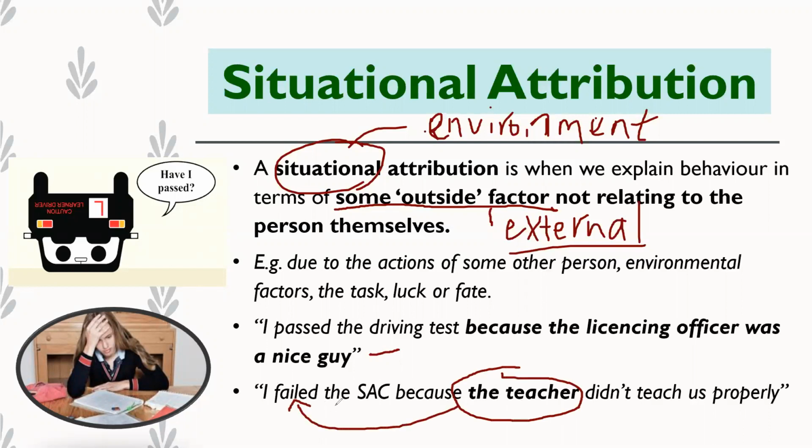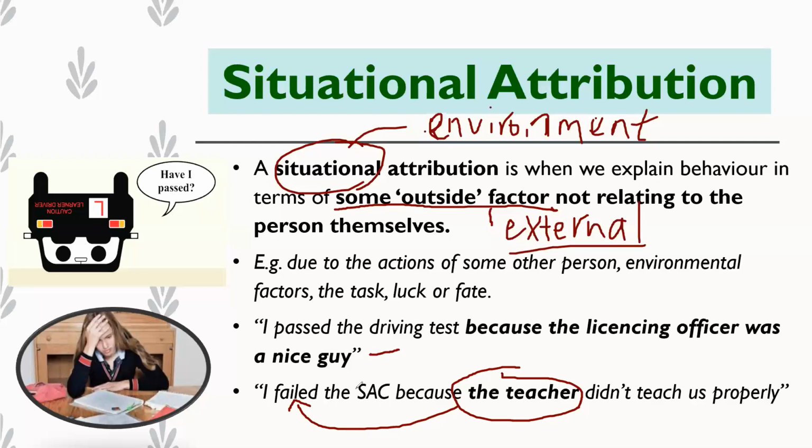When actually someone might have failed the SAC because they just didn't study, because they were irresponsible, because they were not working persistently or consistently in the subject, okay? So essentially sometimes we use situational attributions so we don't feel bad or guilty, okay?